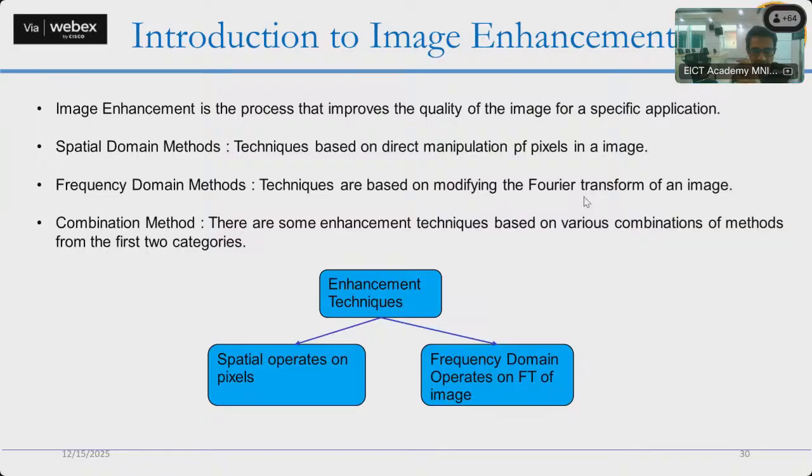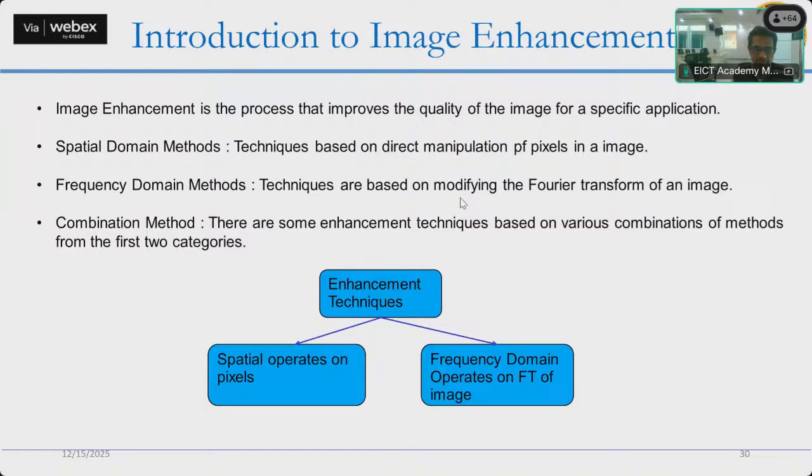It is valid for non-periodic signals. For periodic signals, things initially started with the Fourier series, but for non-periodic and actual real signals, it is the Fourier transform. So when this omega comes into the picture, we see the frequency domain.